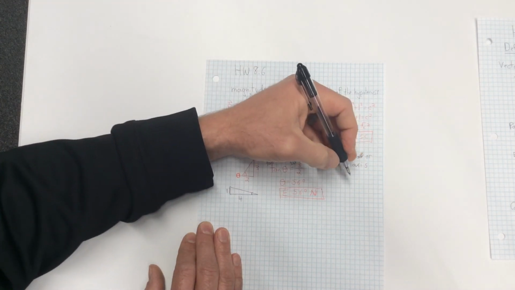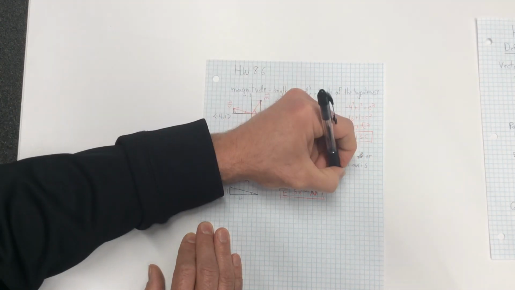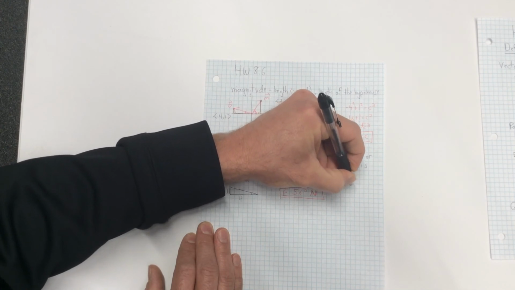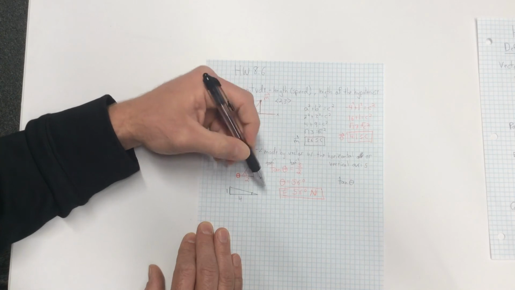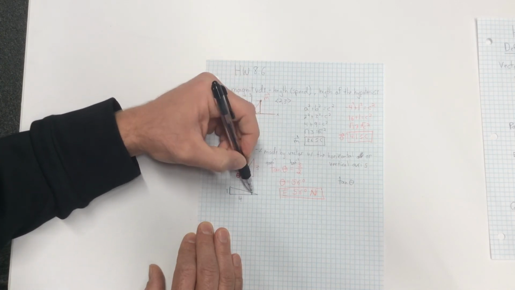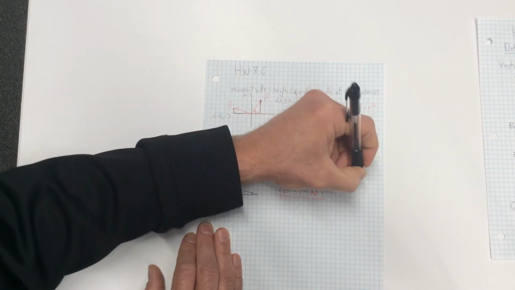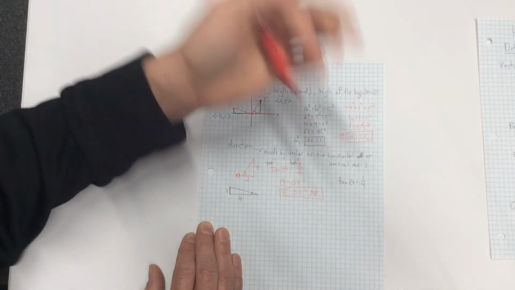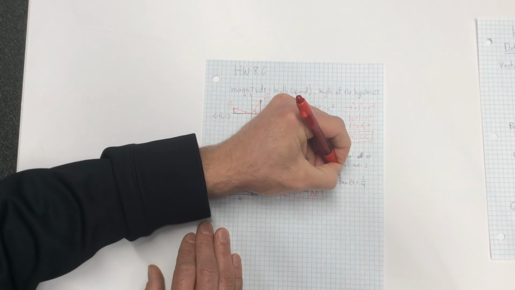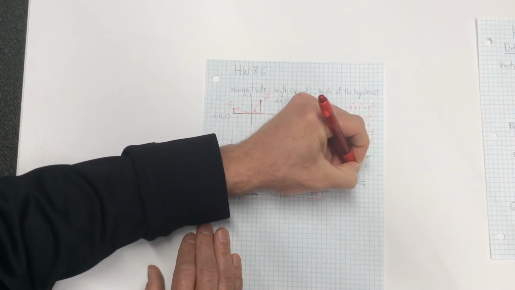Tangent of the unknown angle, the direction we're looking for, is opposite over adjacent. It's always going to be tangent, as you can see. So the inverse tangent of 1/4. I'm just trying to show all the work as neatly as possible. We're going to take the inverse tangent of this.